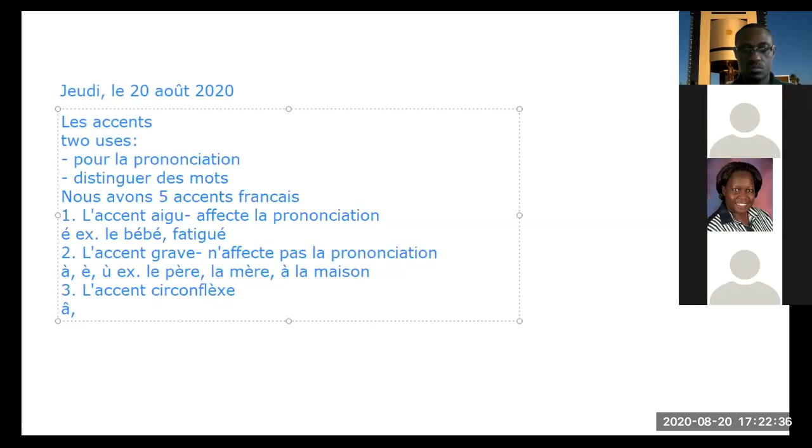And this one, again, does not change the pronunciation; with or without it, we pronounce that letter as it is. For example, the noun la tête, la fête, and the verb être.